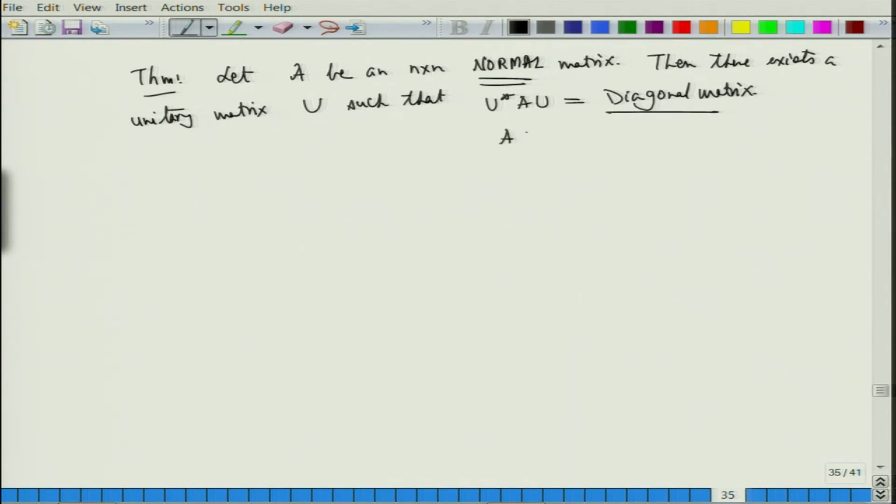Or same thing as saying that AU is equal to, if I write this as D, it is UD, which is same thing as writing as A is equal to UD U star.